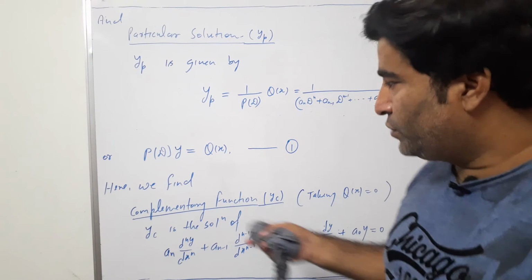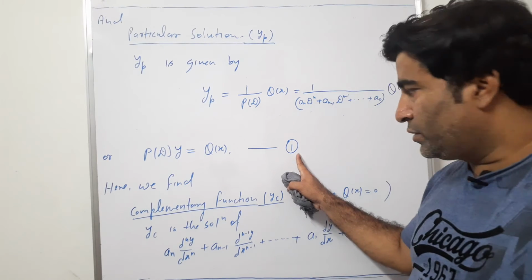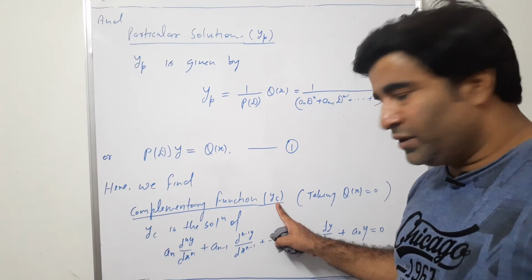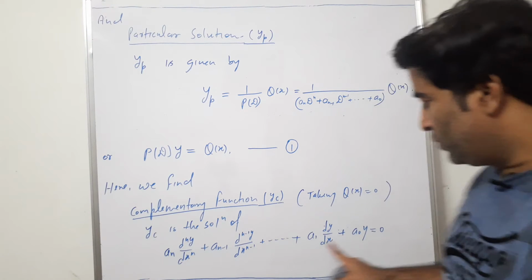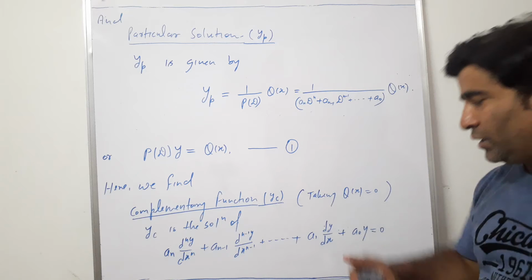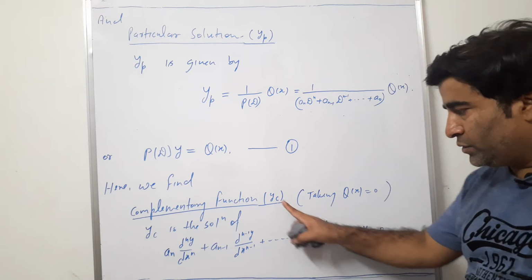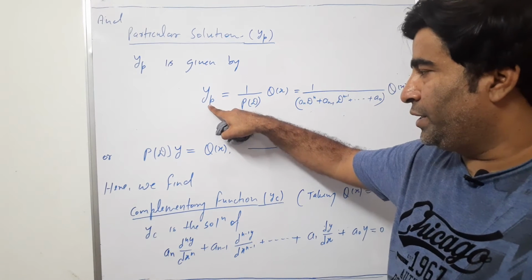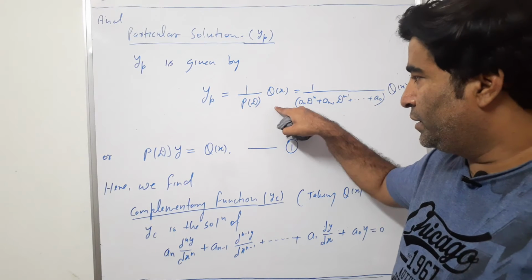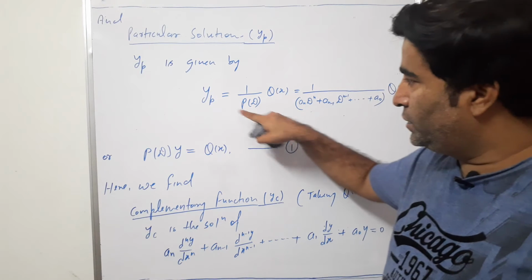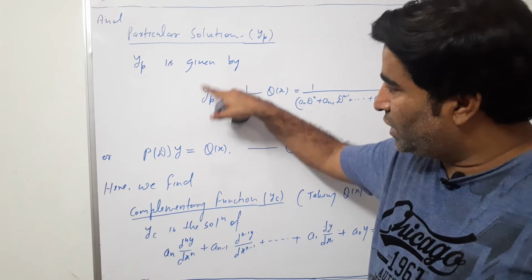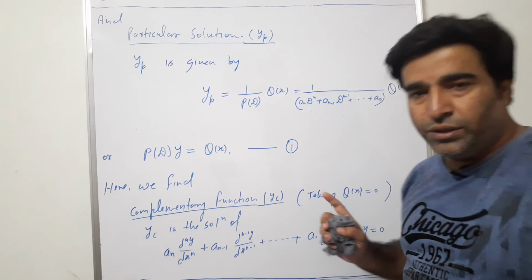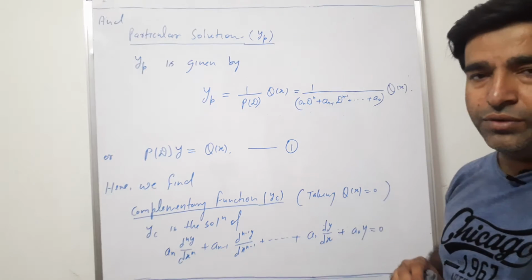So actually here we try to find the solution of differential equation 1. This is the process. First step, find the solution of the homogeneous equation associated with the given differential equation, and suppose the solution is y_c, and we also calculate y_p defined by this. This y_p is also a type of solution which does not contain any arbitrary constant.